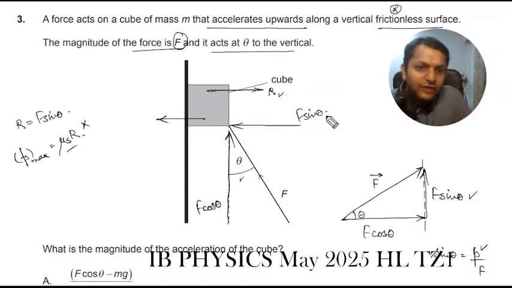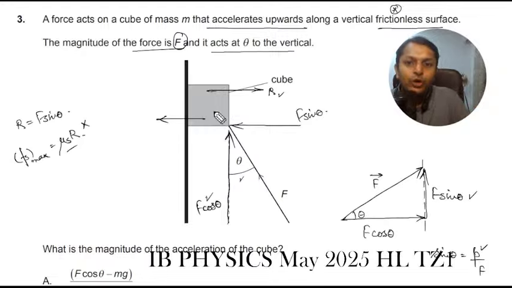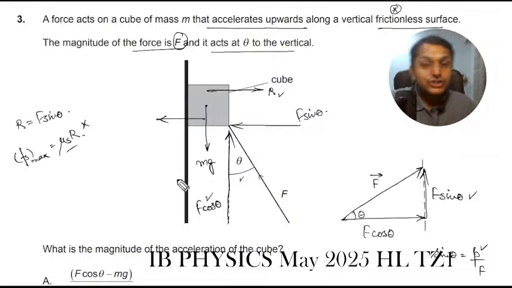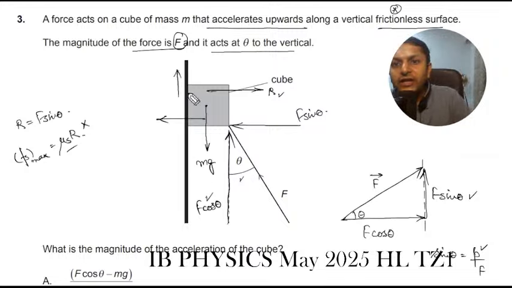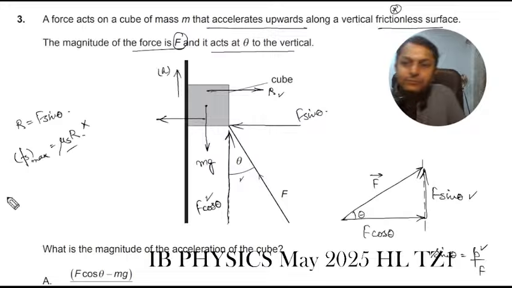Horizontal forces are not doing anything, only vertical forces will be accounted for. So F cos theta is acting upward, and there is another force acting downwards, and that is the weight. The body is overall going in the upward direction with an acceleration a. The upward force is F cos theta, the downward force is mg.